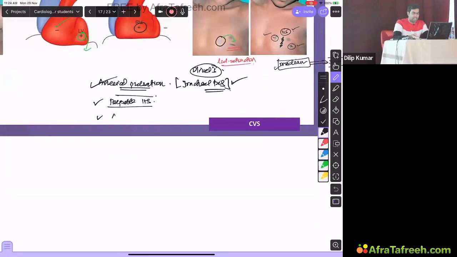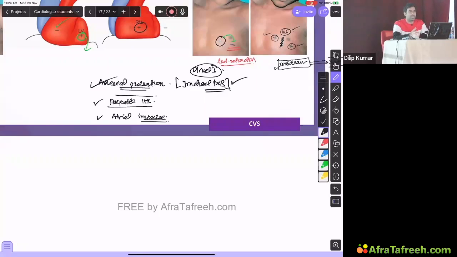Okay, then next thing you have to look for is the atrial impulse. What is the difference between atrial impulse and right ventricular pulsation?